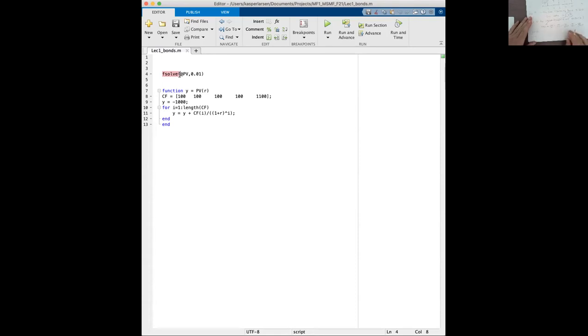So we're going to use MATLAB's fsolve. What we're doing is we take these cash flows up in this matrix. This is my cash flow matrix. And I want the thing to be equal to 1,000.